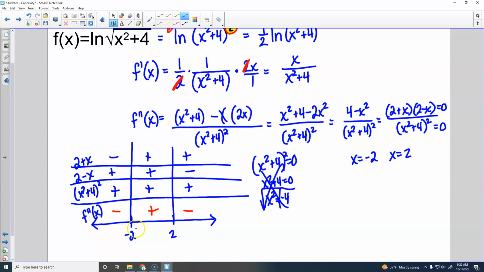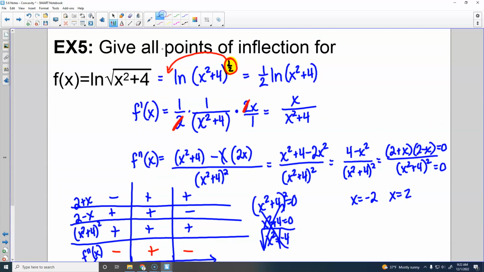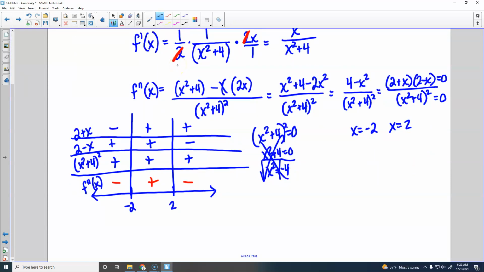So you have points of inflection at x equals -2 and 2. Give all x coordinates for points of inflection. We're going to change the word in here so we don't have to find the y coordinates. Most of the time, you are only asked for x coordinates for these.